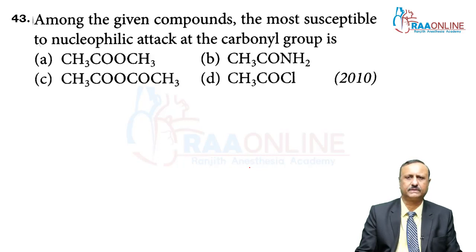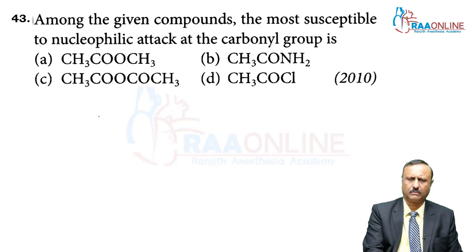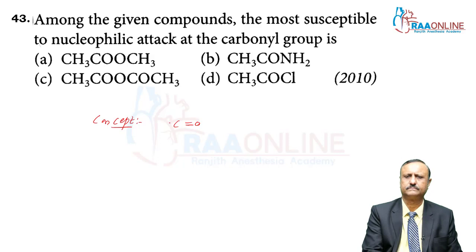See question number 43. Among the given compounds, the one most susceptible to nucleophilic attack at the carbonyl group is. What is nucleophilic addition or substitution in the carbonyl group, and what is the concept? My dear students, here is the carbonyl group, and when a nucleophile attacks this carbonyl group, what is a nucleophile?